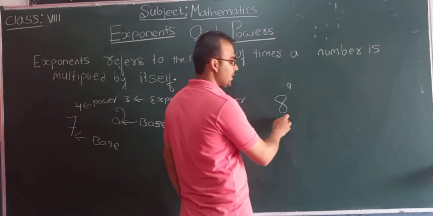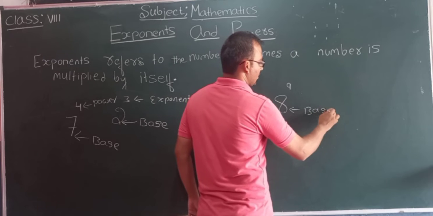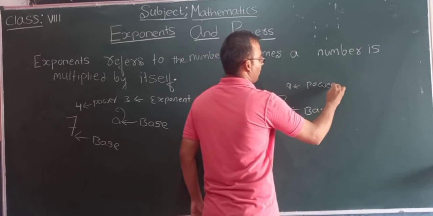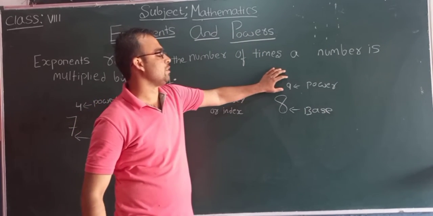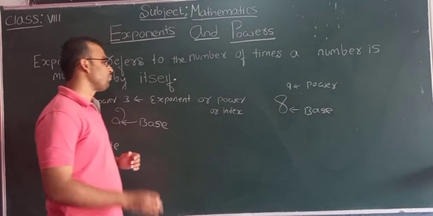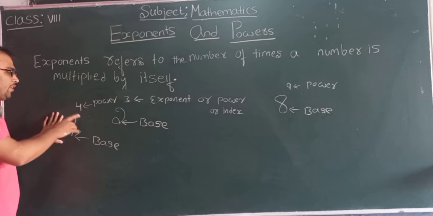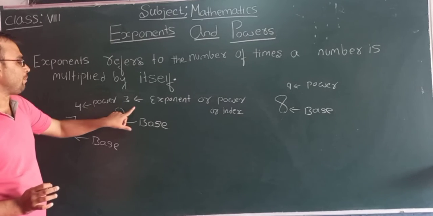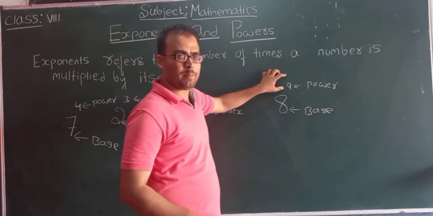Here 8 is the base and 9 is the power. Understood? The lower part is the base, whereas the upper part is the power, index or exponent. You can call it anything. 7 to the power 4 means we need to multiply 7 four times. 2 to the power 3 means we need to multiply 2 three times. 8 to the power 9 means we need to multiply 8 nine times.